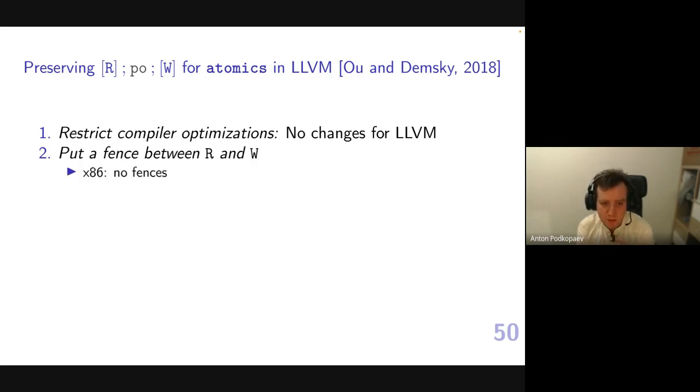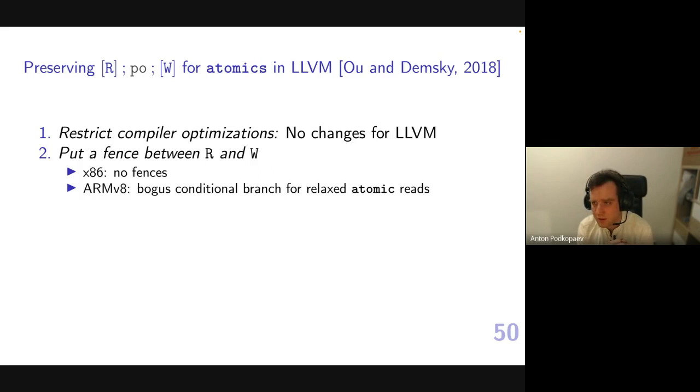And in terms of fences, on x86 there are no load buffering behaviors, so you don't need to do anything. On ARM, you would have to do something, and there are different strategies to disallow reordering of reads and writes.